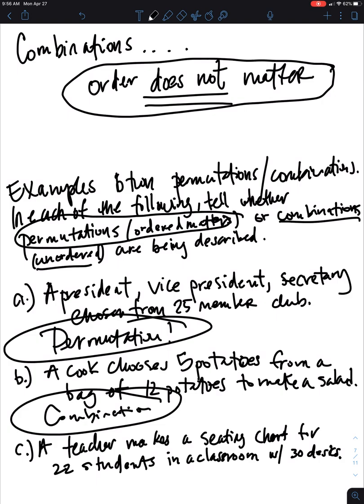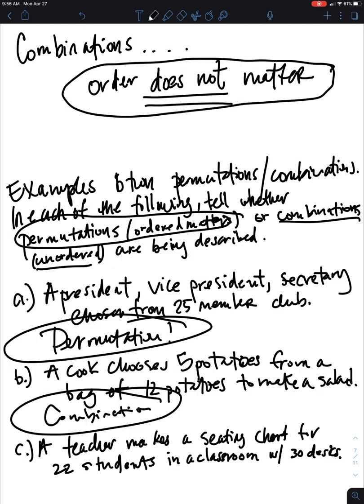Okay, last one. Let's see if you can get it. A teacher makes a seating chart for 22 students in a classroom with 30 desks. Does order matter or not?